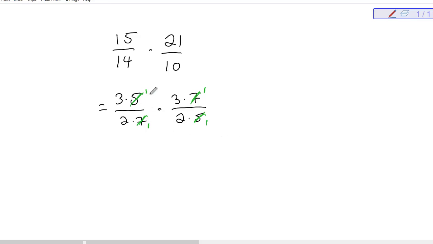I have 3 times 1, which is 3, times 3, which is 9, times 1, which gives me 9. On the denominator, I have 2 times 1, which is 2, times 2, which is 4, times 1, which is 4. And this way, it is already in the most simplified version.